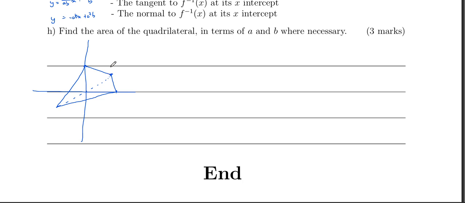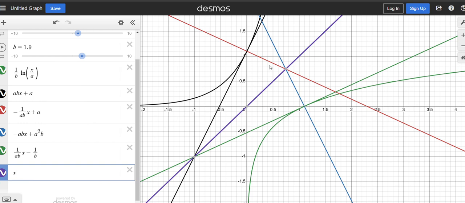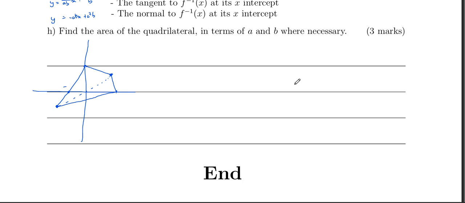Okay, so now we need to find the relevant points. So we need to find this point, and this point. This point here is the intersection of this red line and this blue line, so it's the intersection between the two normals.